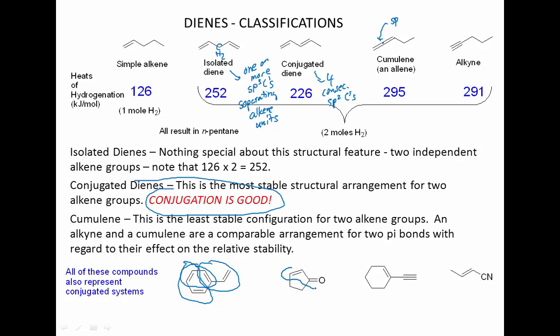Alright, here we see a carbon-oxygen double bond replaces one of the carbon-carbon double bonds. But remember, that's also a pi bond, so this is conjugated. Here we see a conjugated acetylene or a conjugated enyne system here. And in this last case, remember that the cyanide is a carbon-nitrogen triple bond, so this is also a conjugated system.